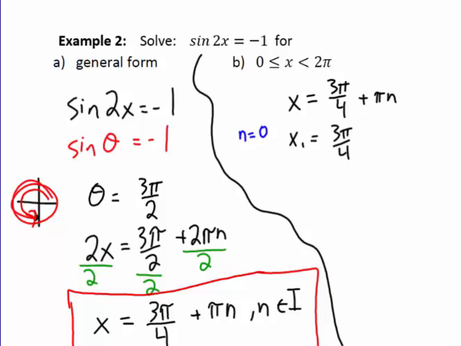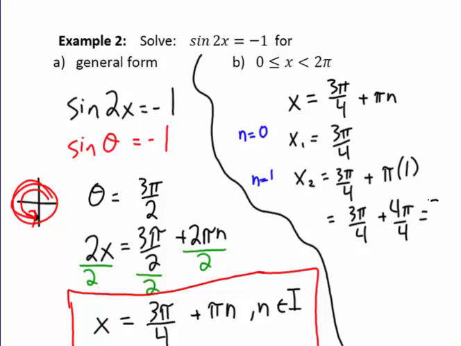Well, what about when n equals 1? That'll generate our next solution. x2 then will be 3 pi over 4 plus pi times 1, which is really just pi. And we know that that becomes 3 pi over 4 plus 4 pi over 4, which is 7 pi over 4.